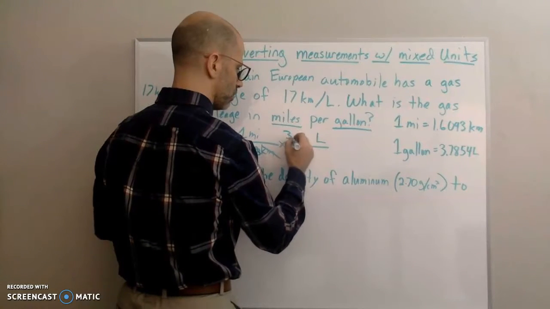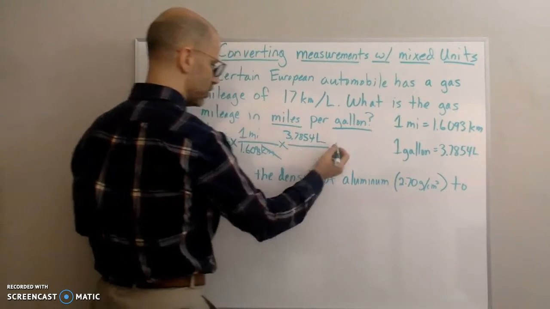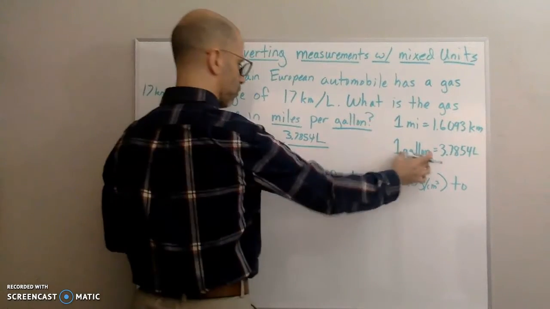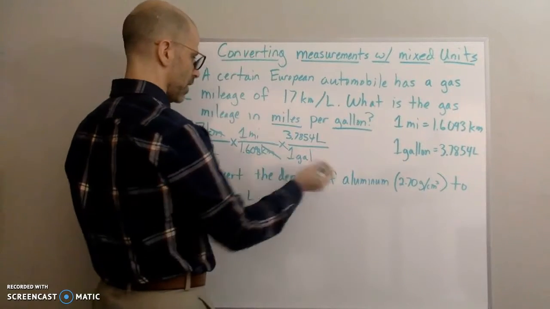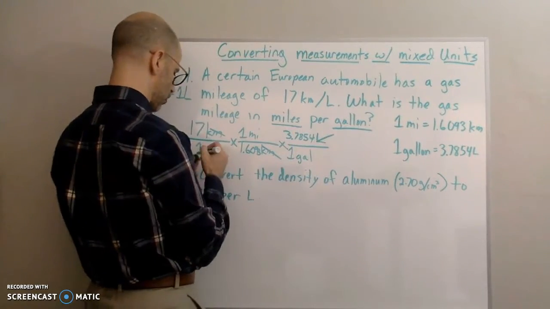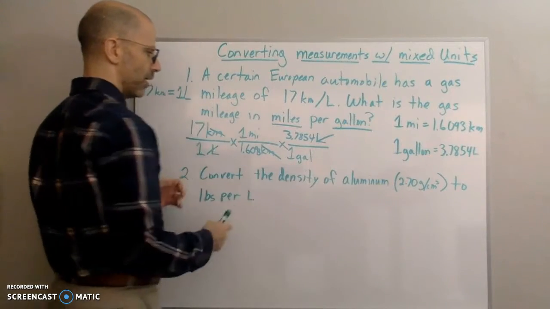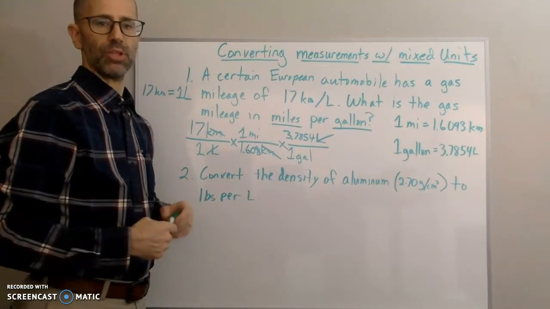So 3.7854 liters, and then on the bottom I have 1 gallon. Okay, so liters now cancels out. I have gallon on the bottom, that is what they want. I have both units that I want, so now I'm done with this problem.